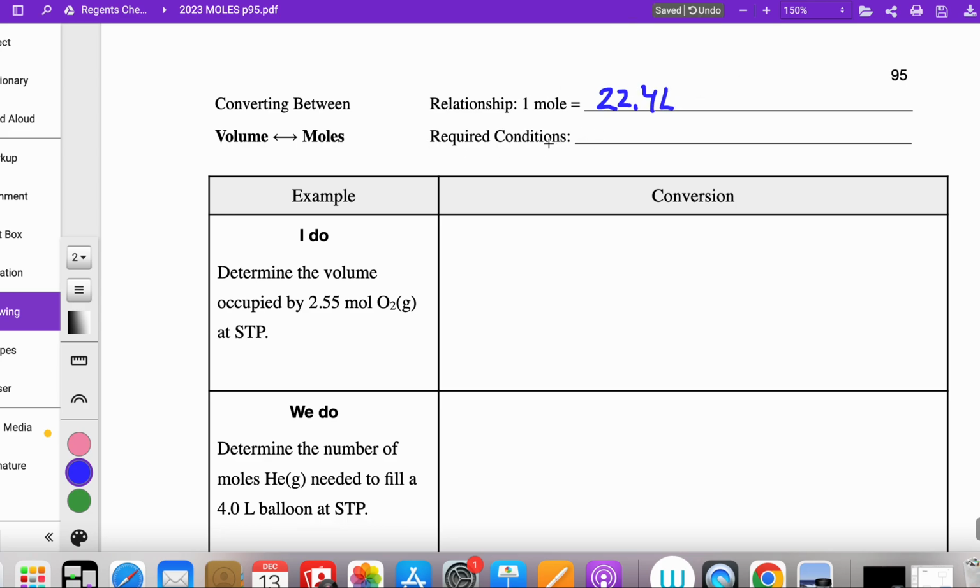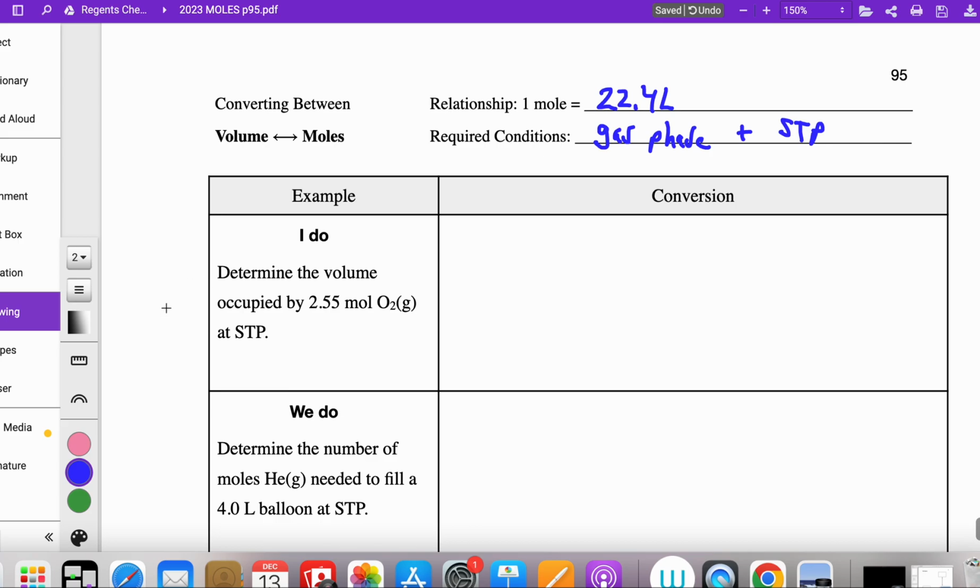However, this relationship is limited to substances that are in the gas phase, and that gaseous material needs to be held at STP, so a very specific temperature and pressure value.